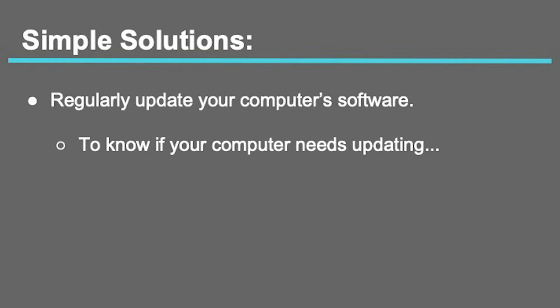Another thing that's very important is regularly updating your computer software. So we'll go over how you know if your computer needs to be updated, but with Windows updates, you'll usually get a notification of that. It's good practice to install those updates when they're pushed to you.